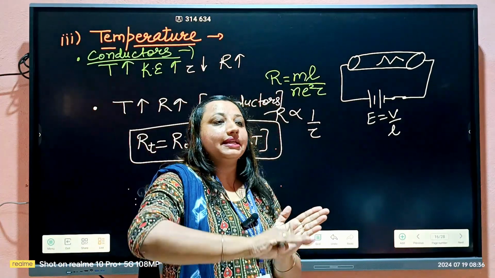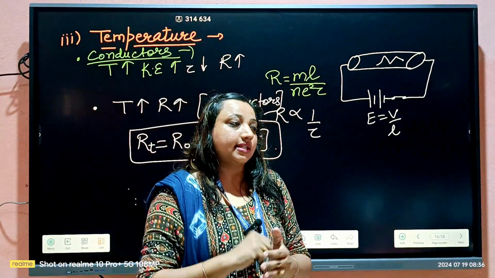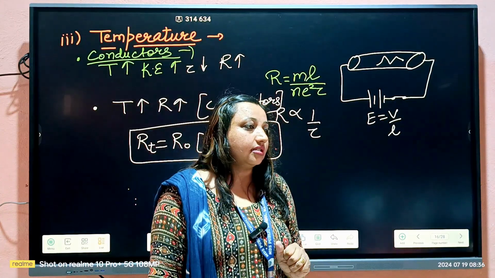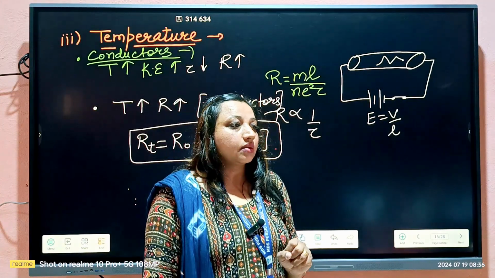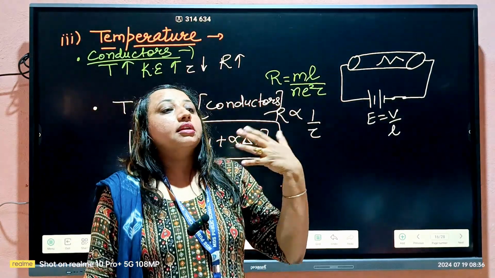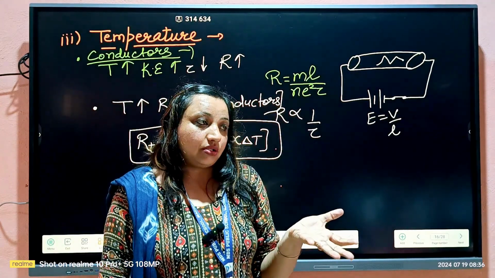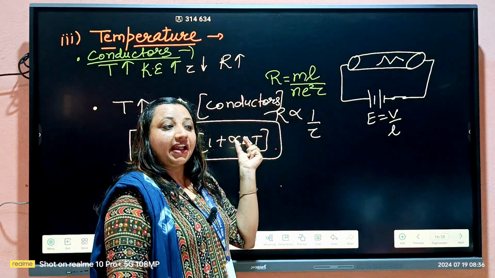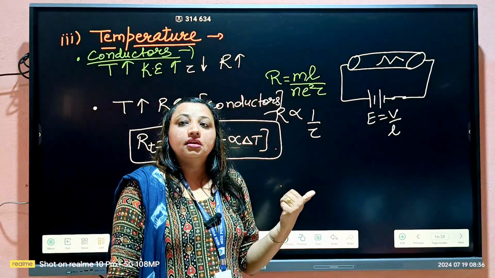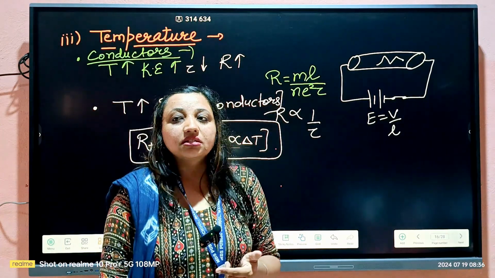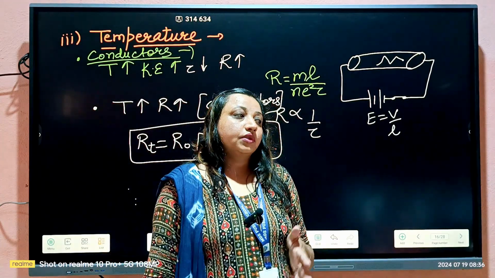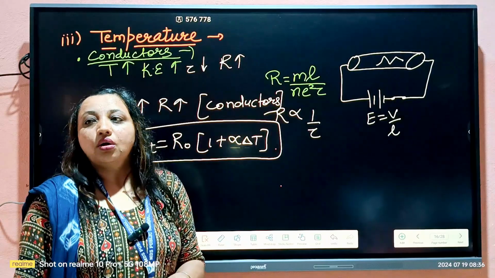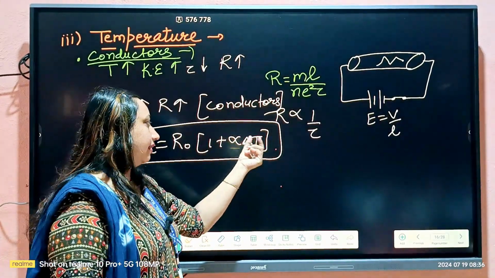Now we increase the temperature from 5 to 10 degrees Celsius. At 10 degrees Celsius, there is some change in the resistance. Suppose the resistance increases with the increase in temperature. So how much change in temperature occurs? Final minus initial. Final is 10, initial is 5, so 10 minus 5. What is the relation between resistance and the temperature? RT is equal to R naught 1 plus alpha delta T.